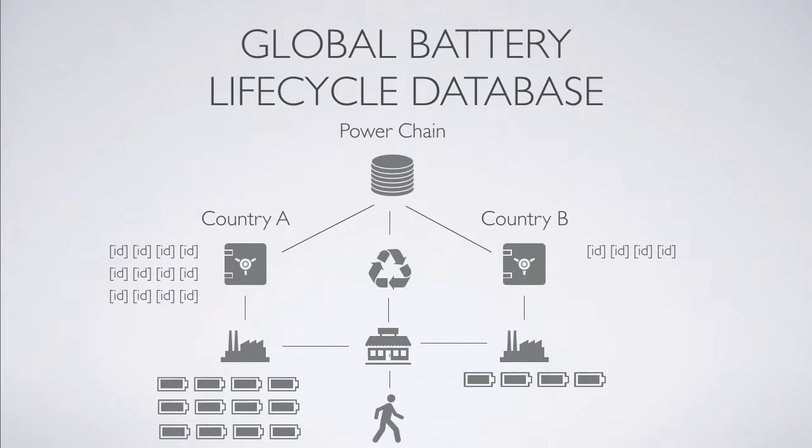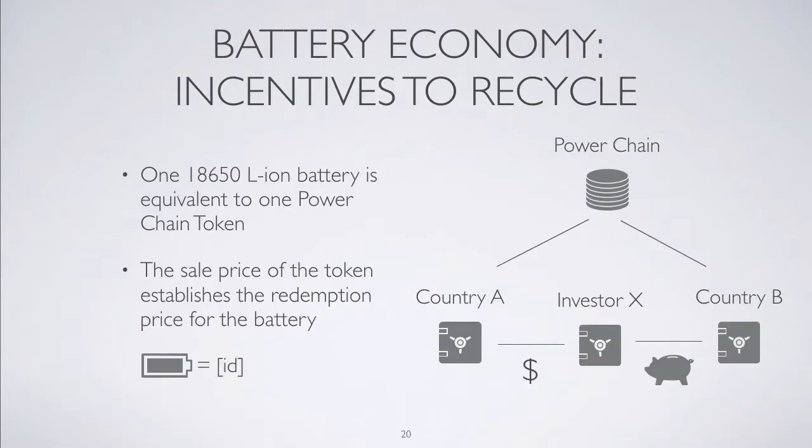How would this system ever get started in the first place? Here's one idea, a recycling incentive-based system, but this wouldn't have to be the only way. To the extent that a single battery gets associated with a single identifier in this power chain, that creates a mapping between a token and a battery.